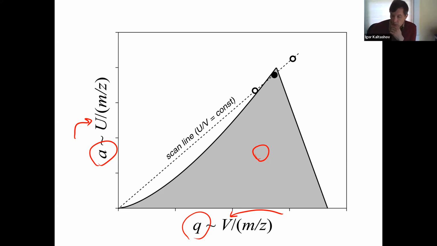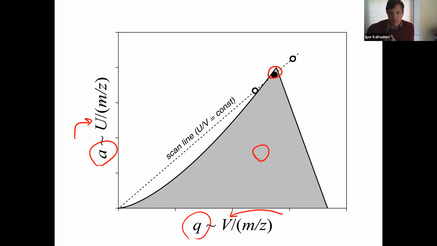And the way to do that is to go to the very tip of this triangle. So we select the conditions that place us at the very tip of the stability region. Ions that have M over Z values that correspond to the black point here would be stable. They would go without any problem through the quadrupole, and I would register them at the other end of the quadrupole assembly.